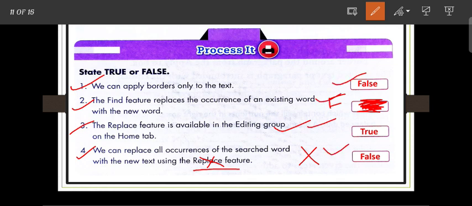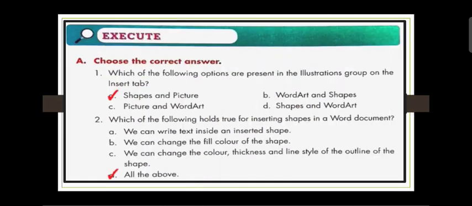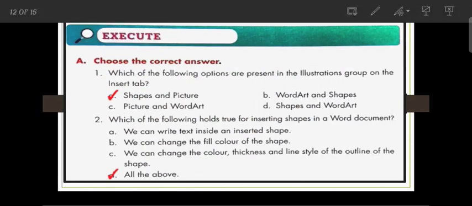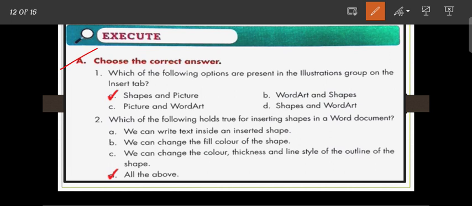Next is the exercise in question answer. First is choose the correct answer. Which of the following options are present in the Illustrations group on the Insert tab? So Shapes and Pictures options are present. Next: which of the following holds true in inserting a shape in a Word document? So all these statements are true. We can write text inside an inserted shape.